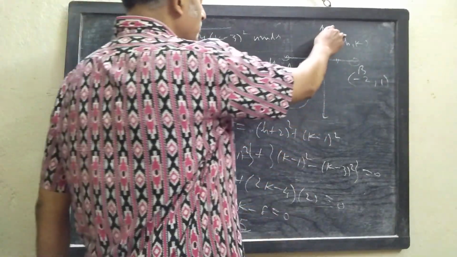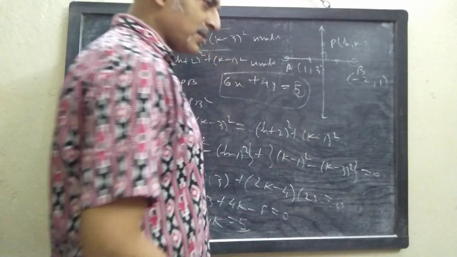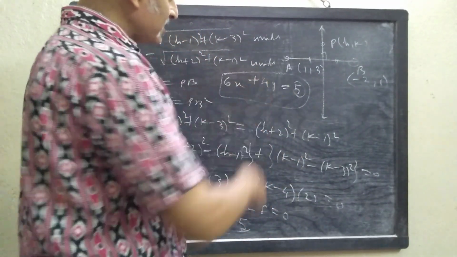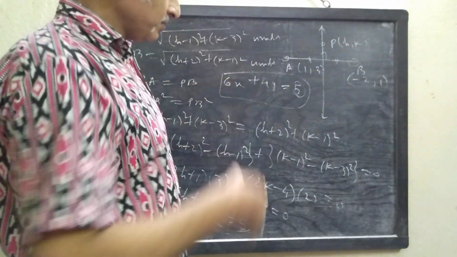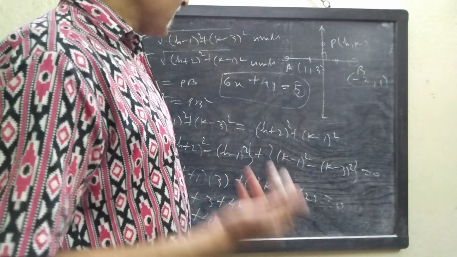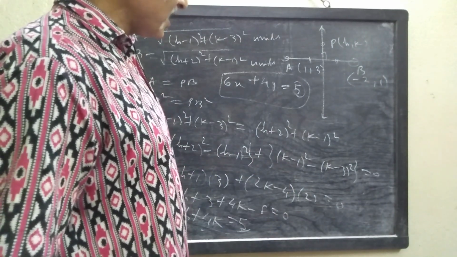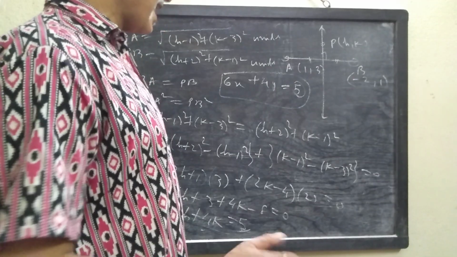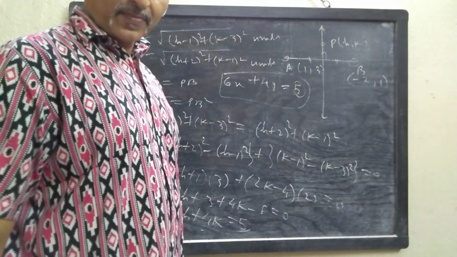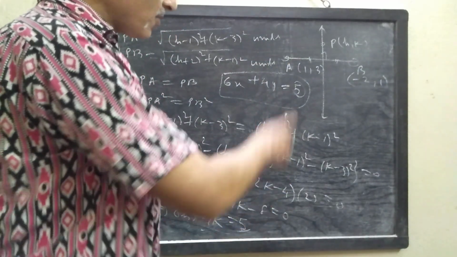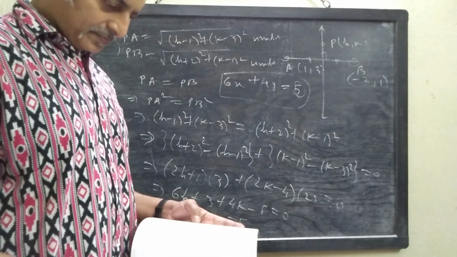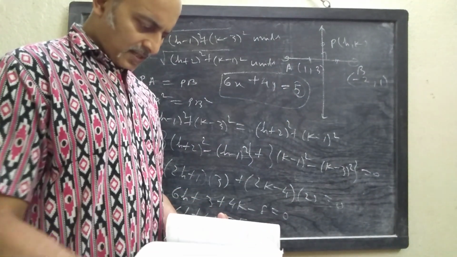That is, you take any point from this locus, multiply the abscissa of the chosen point by 6 and the ordinate by 4 and add them, and you must get the result 5. Okay? So this is the equation to the locus of the point P here. Next question.